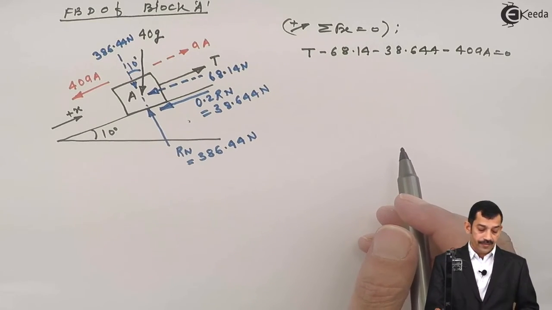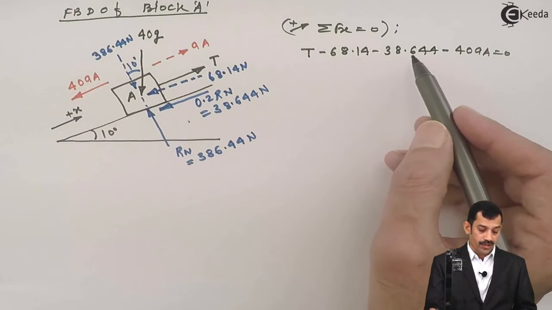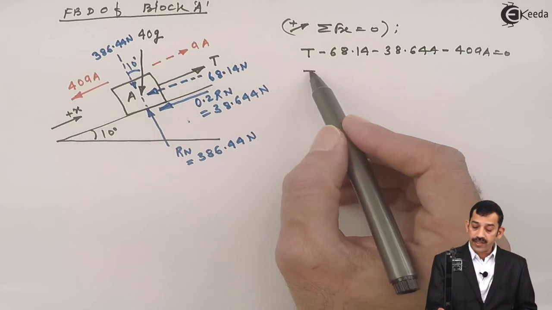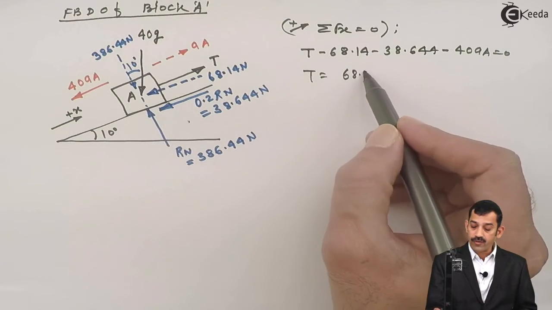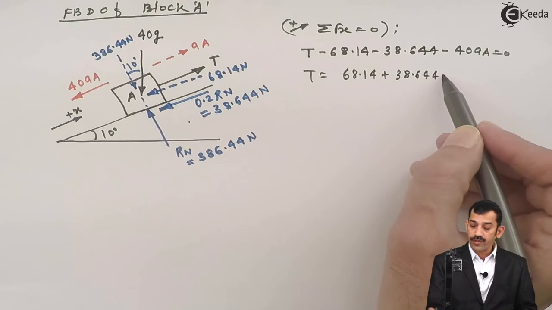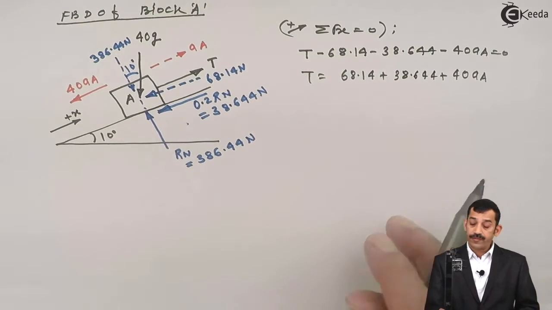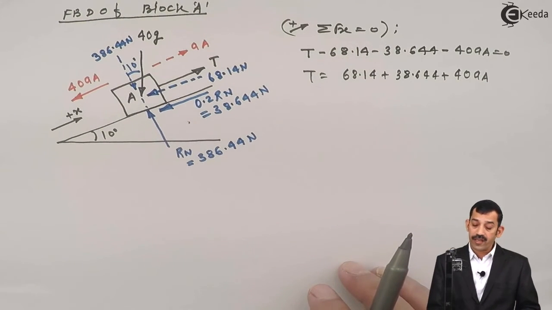This is a simple relation between T and AA. Finally, if we write this, adding these two terms, T equal to 68.14 plus 38.644 plus 40 AA. This is the relation between acceleration and tension.